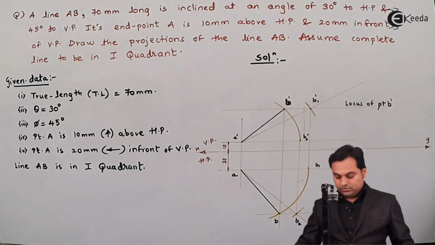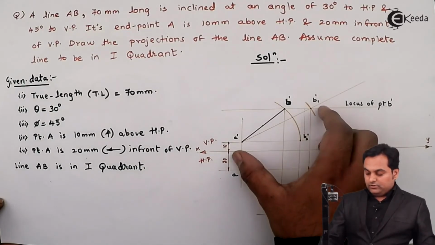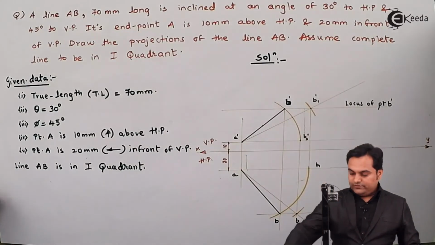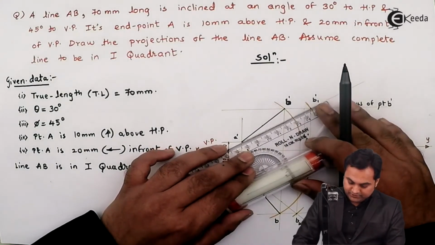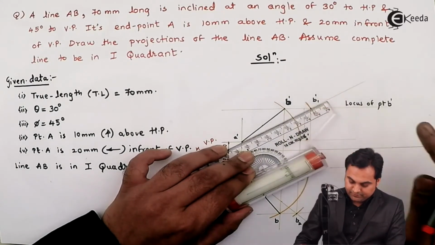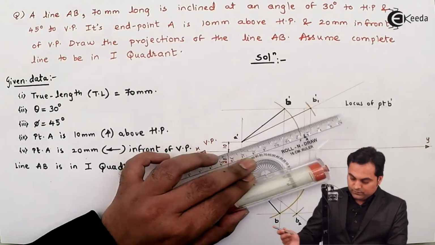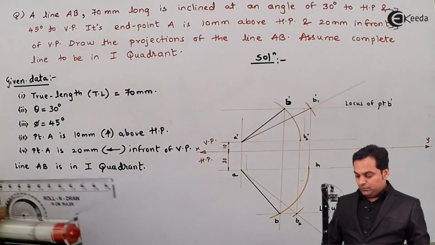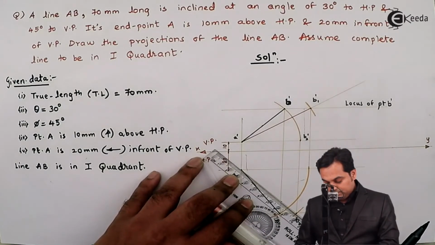Next, A dash B1 dash, that is the true length in the front view of the line, so that should be medium dark. I'm using red color here, which indicates the medium dark line. Similarly, A to B2, that will also be medium dark.